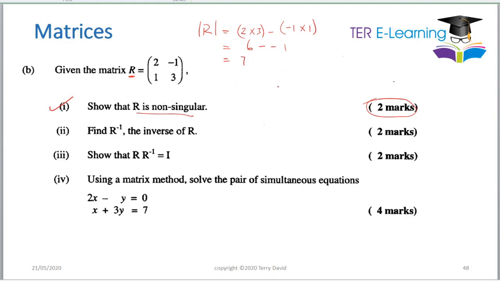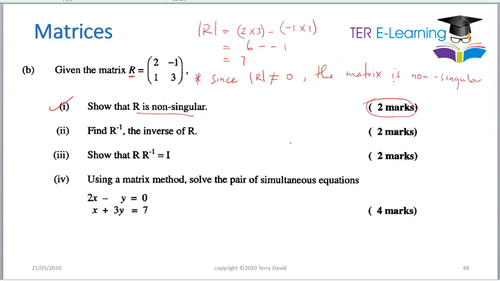So you get a mark for saying that, right? But then you need to say since the determinant, you can write the words determinant, or you could write it as this. Since the determinant of R is not equal to 0, the matrix is non-singular, right?